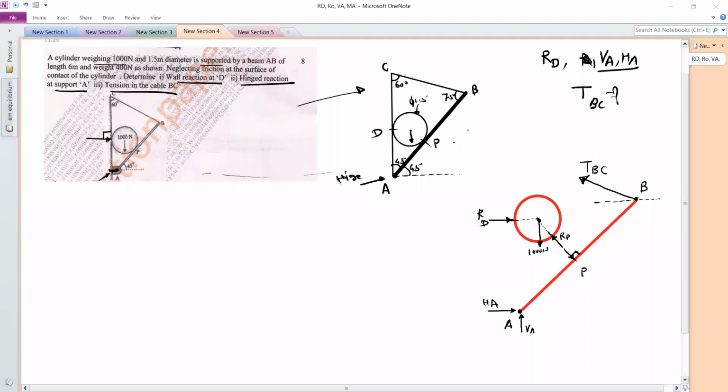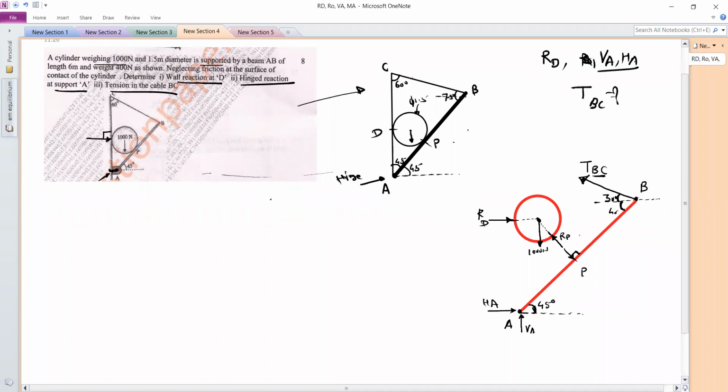But we want the angle of BC with the x-axis. You can refer to this diagram. This angle is given as 45 degree, therefore this angle is also 45, and this total angle is 75. So the remaining angle will be 75 minus 45, which is equal to 30 degree. So tension BC has an angle of 30 degree with the horizontal.